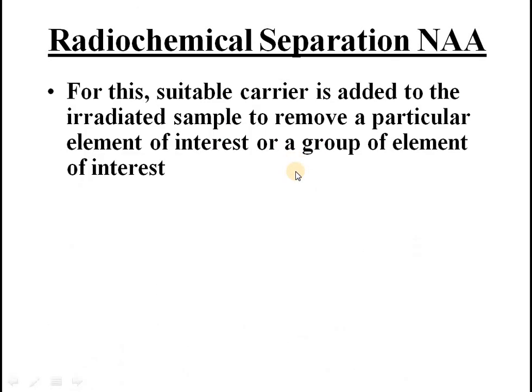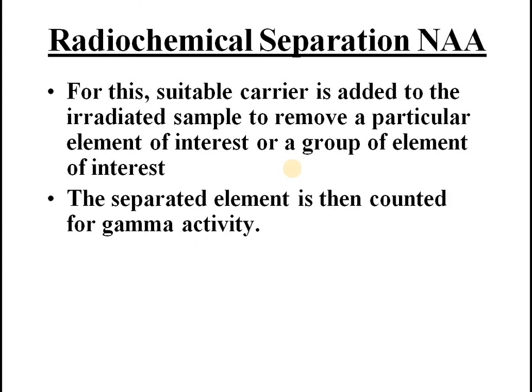So what is done is a suitable carrier is added to the irradiated sample to remove a particular element of interest or a group of elements of interest. That carrier will react with the element of interest and form a stable compound. That stable compound you can remove from the matrix. So that is the mechanism.